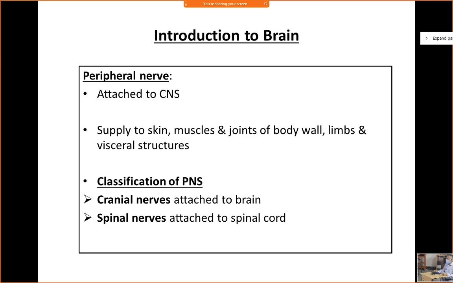Then spinal nerves are attached to the spinal cord. From the spinal cord, nerves arise and go to the periphery to supply the different organs and to carry sensory impulses from the periphery to the central nervous system.